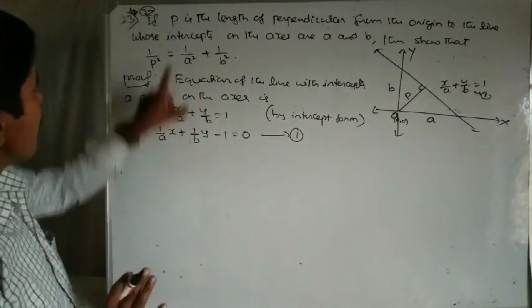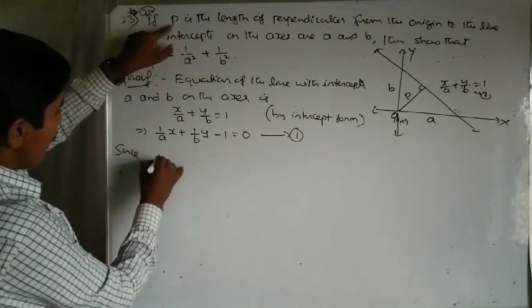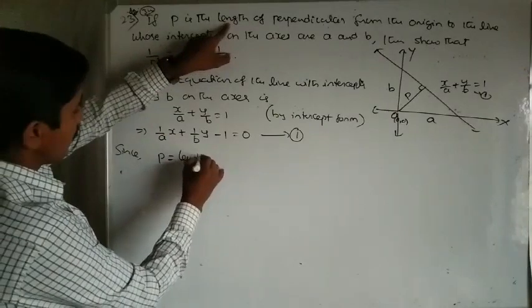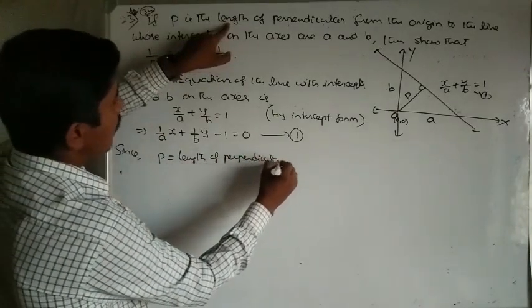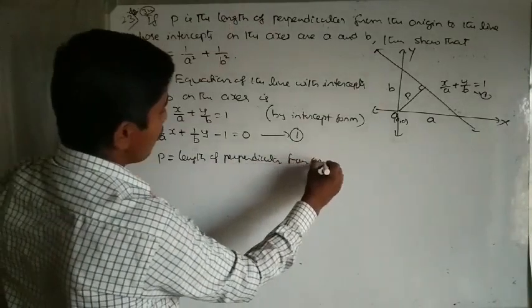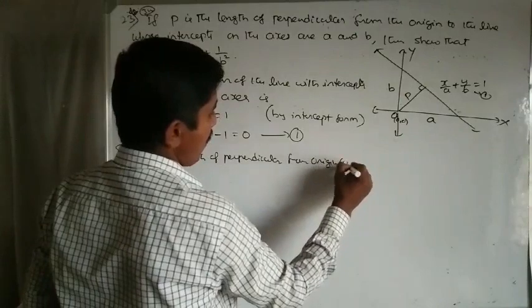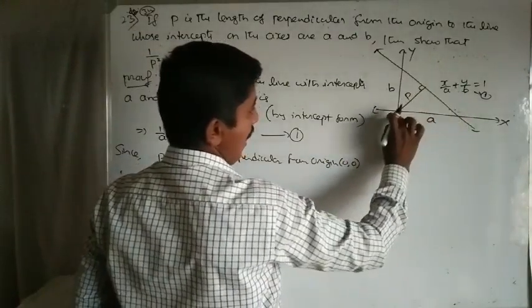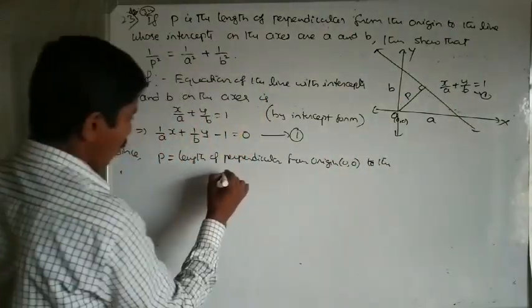Here, P is given as the length of the perpendicular from the origin (0, 0) to line 1.